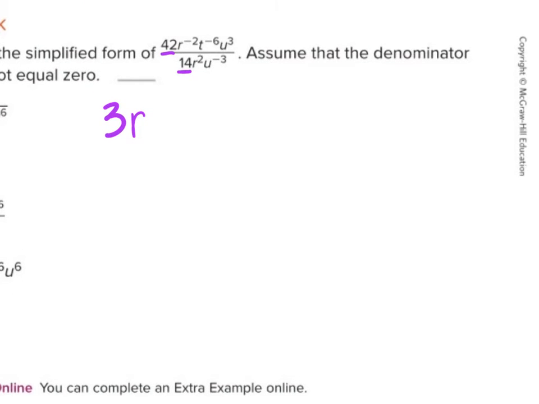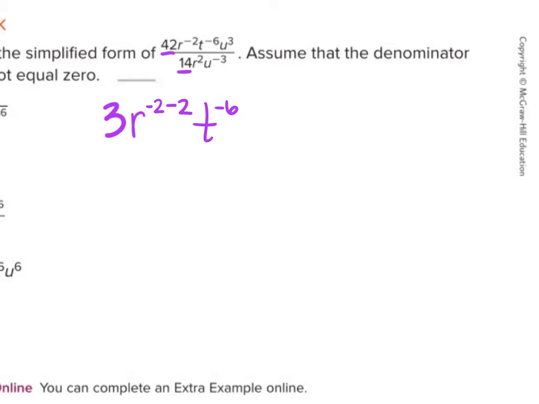So what's the top one? R to the, okay, and then what am I subtracting from it? Let's look on the bottom. What's underneath it? 2. So minus 2. Okay, now t, is there anything, so it's t to the negative 6. Is there anything on bottom that I need to subtract from that?